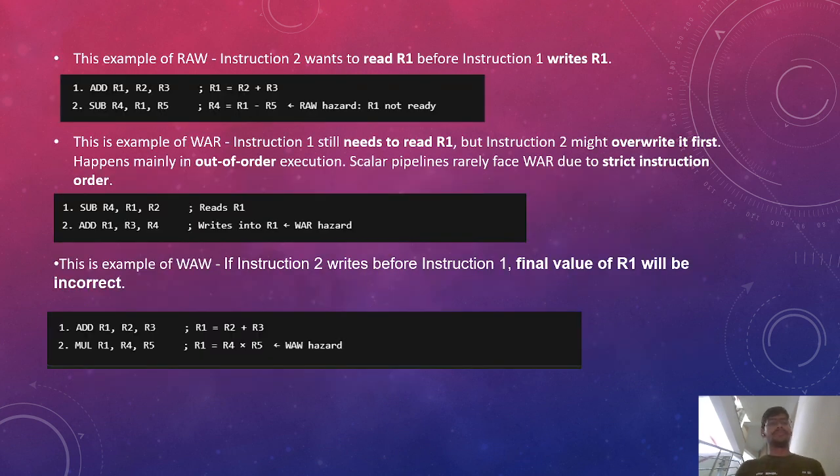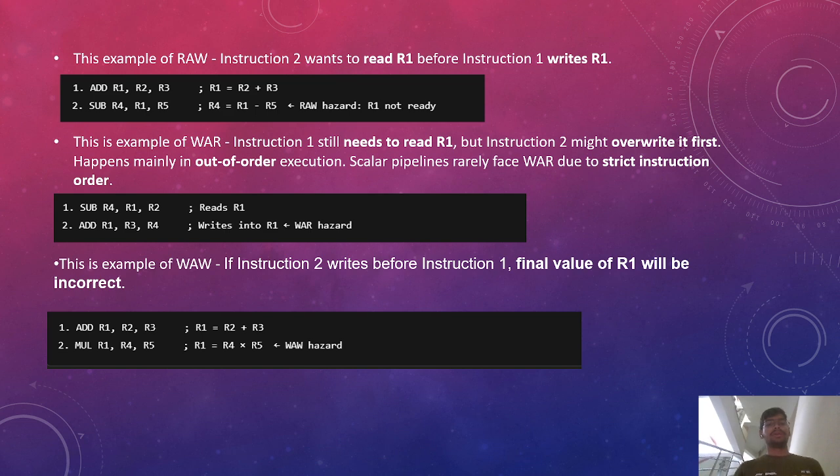In this example, the first instruction is written as ADD R1, R2, R3. That means we add R2 and R3 and store the result in R1. In the second clock cycle, it is asked to subtract R5 from R1 and store the result in R4.